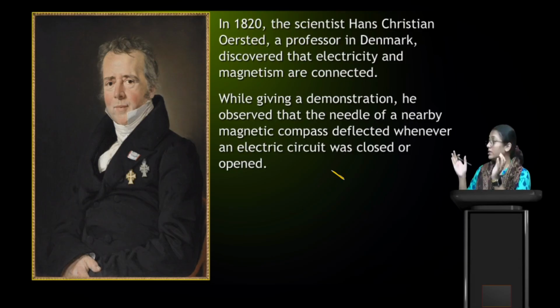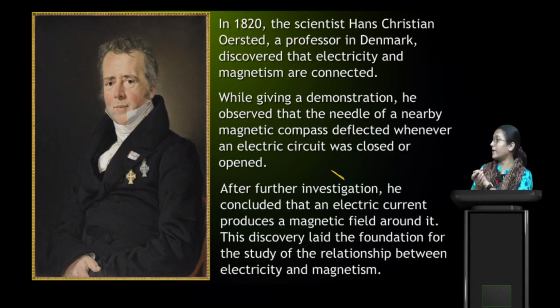So while giving a demonstration, he observed that the needle of a nearby magnetic compass deflected whenever an electric circuit was closed or opened. From getting this kind of idea, he started to investigate regarding this. After further investigation, he concluded that an electric current produces a magnetic field around it.